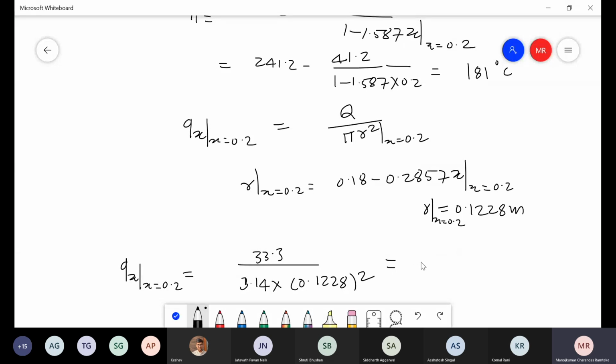So this becomes 702 watt per meter square. Check whether you all are getting the same answer or not.